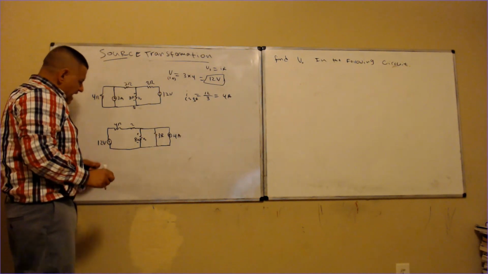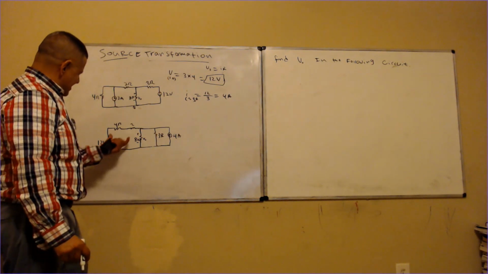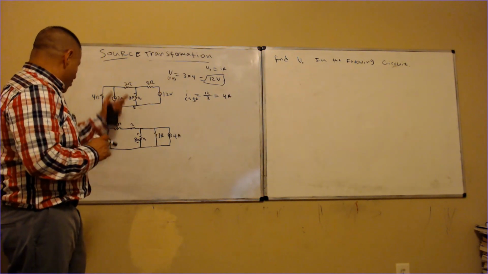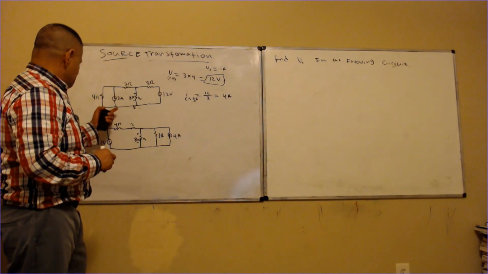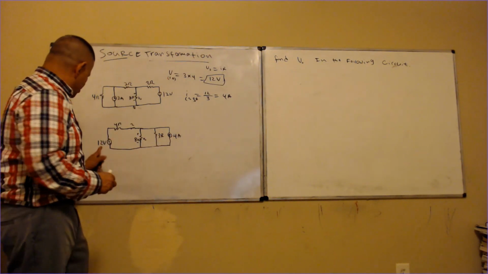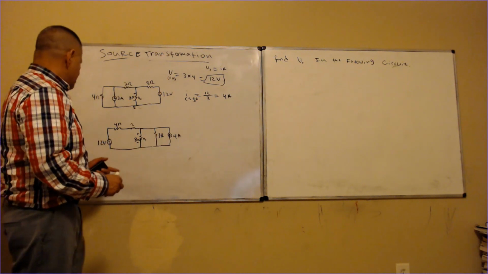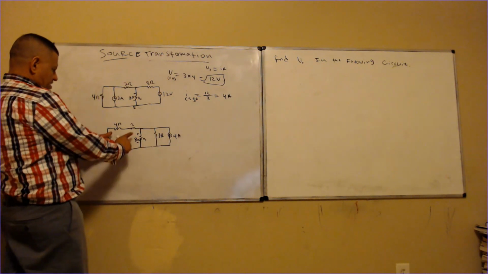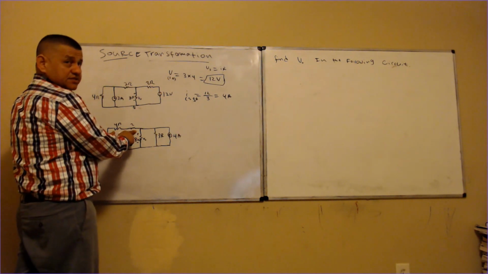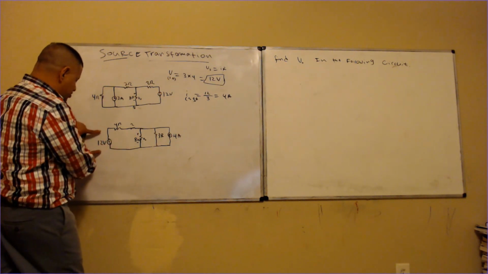Okay, now look what I have. You see, I didn't do too much, right? I just made from one mess, I kind of create another mess, right? I got a voltage source, I got a current source, but now look at this. Those guys right there are now in series, and are now in series with this.